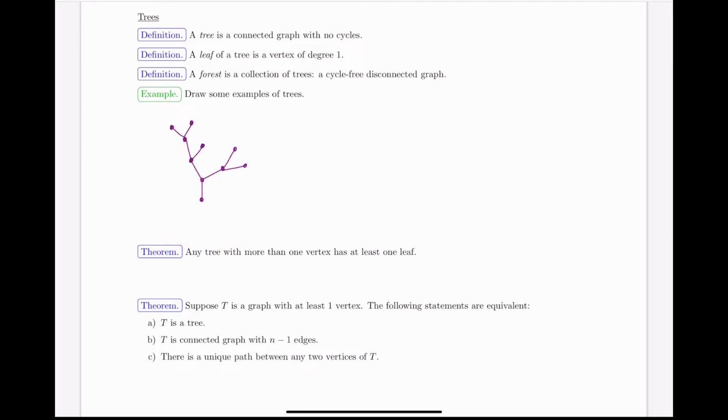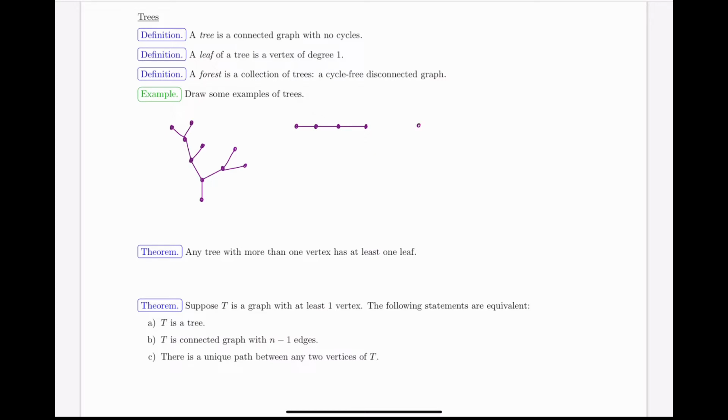Now, of course, you don't have to draw tree graphs to look like trees. They can be drawn any other way as long as they're connected. My iPad thinks that if I'm drawing in a straight line, it should be a true straight line. So this is a tree graph. It is connected and has no cycles.